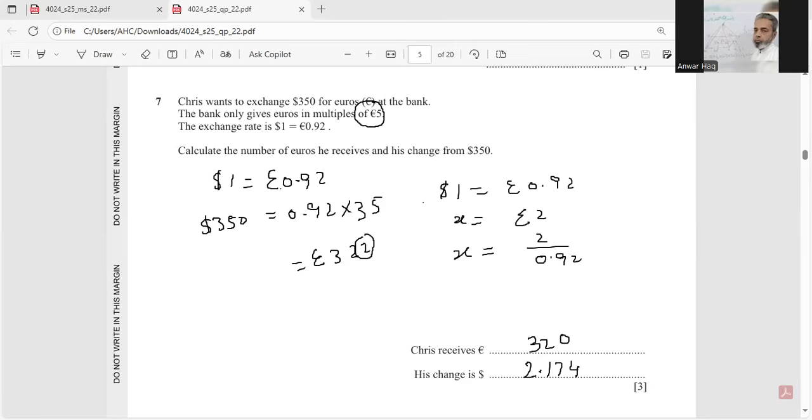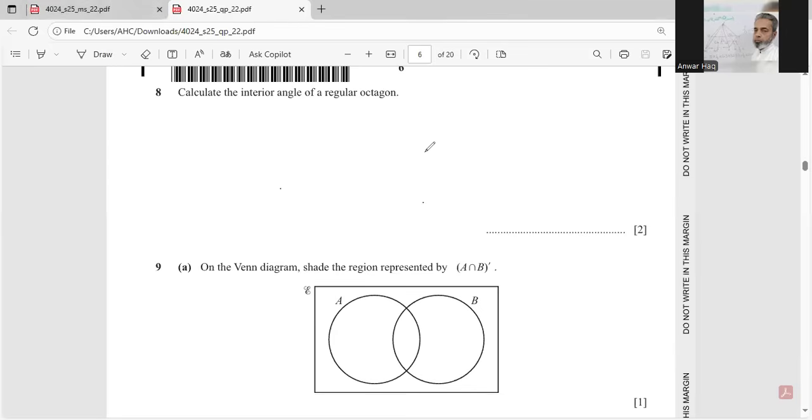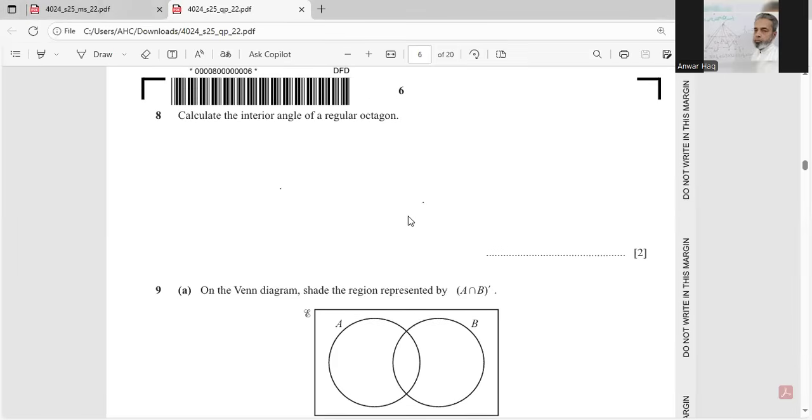Question 8 now. In this question, he has given that in a regular octagon, find the interior angle.